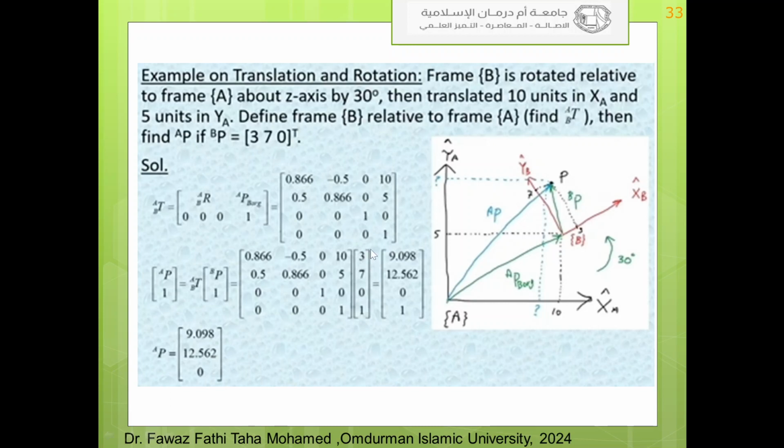We have to multiply after adding a one here, for the homogeneous transformation. This is a temporary addition in order to use the matrix multiplication. After that, we will extract this one and find the PA.